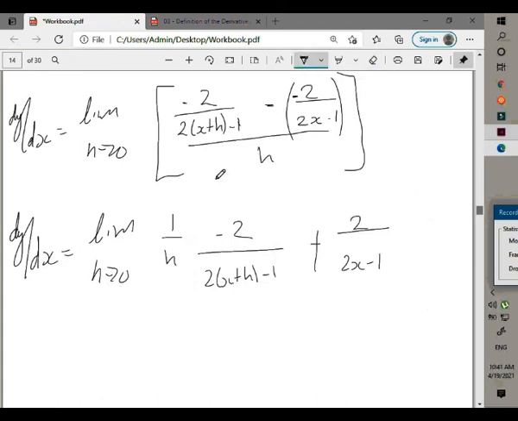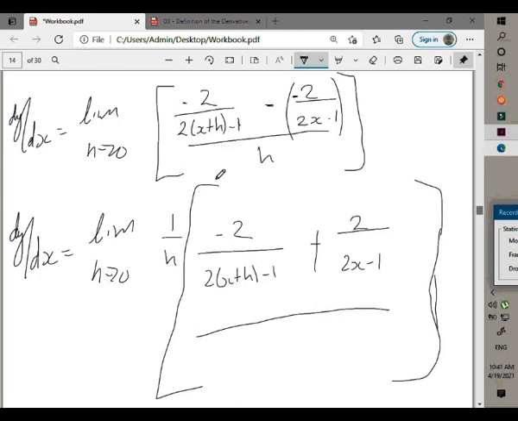Alright, so I'm going to have to work this out. Let me just put a common denominator in front: 2x minus 1 in a square bracket, 2 of x plus h close bracket minus 1 square bracket.